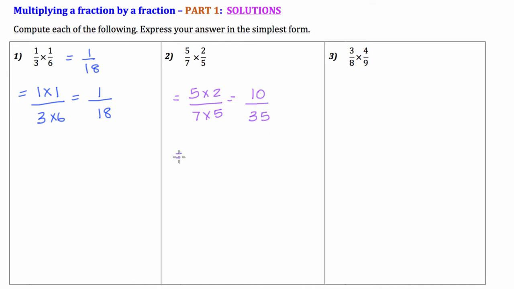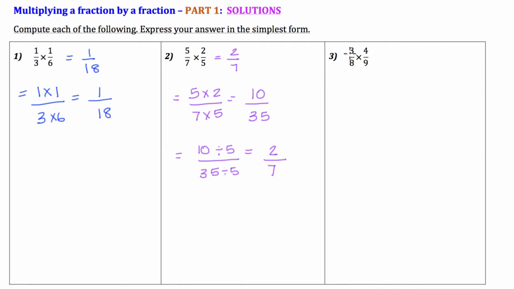So let's divide 10 and 35 by 5. And we are left with a 2 here, and we are left with a 7 here. So the answer is 2/7. And if we look at this closely, we would have seen that we can actually cancel out the common factor, that's 5, and we would have been left with 2/7.